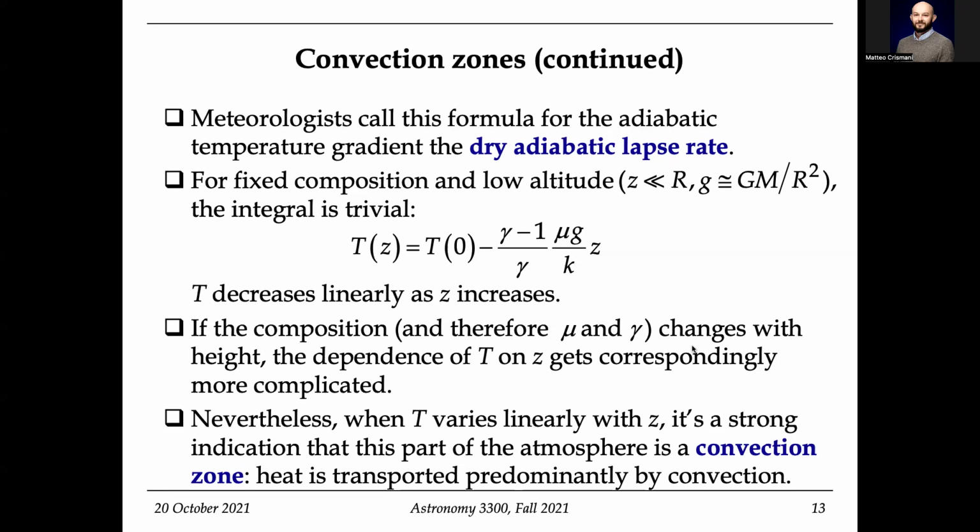We call this the dry adiabatic lapse rate. That's just a bunch of words in a row, but what that means is that this is how we expect the temperature to change if it is adiabatic. Okay. And so we're going to look at a couple different examples of whether or not the atmosphere is less or more steep.